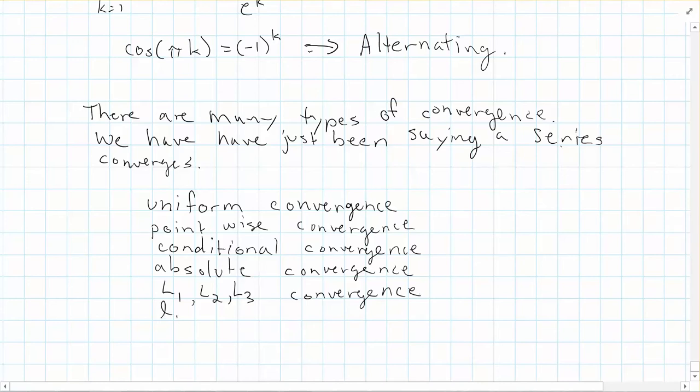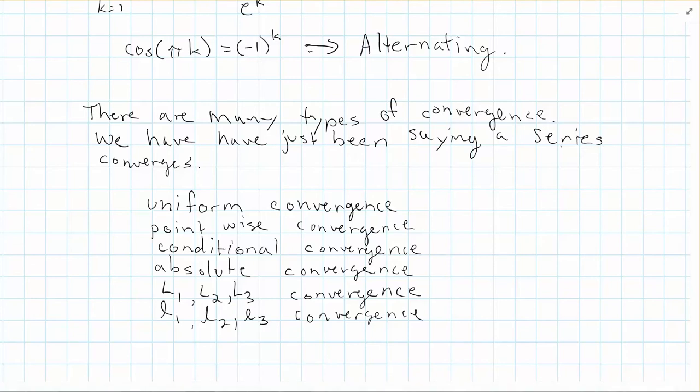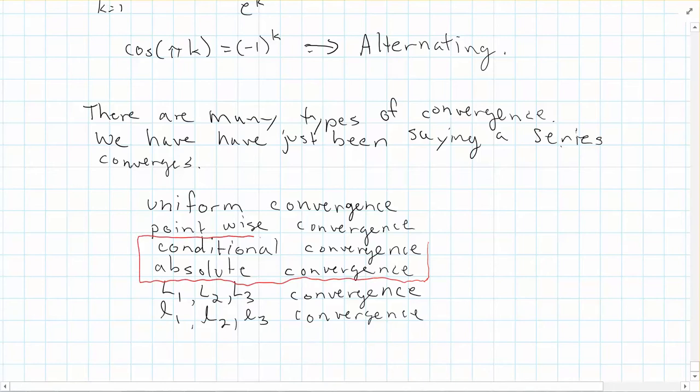Then there's little l1, little l2, little l3 convergence. And there's even more that I could list down here. But the point is there's lots of types of convergence that you can talk about. Now in this course, we are going to talk only about two. So we're only going to talk about conditional and absolute convergence.